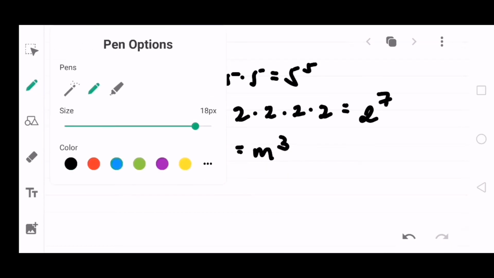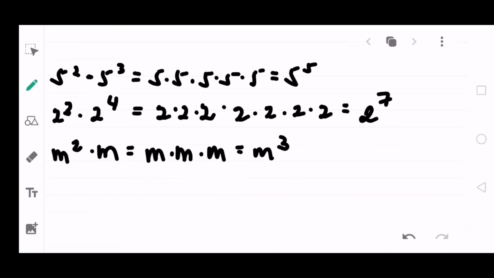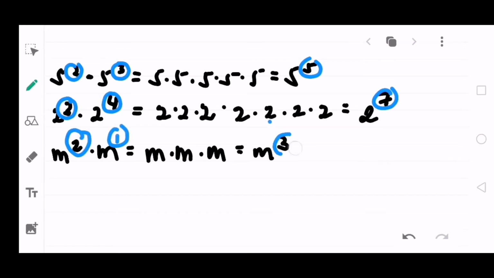Now, try to observe the relationship of the exponents in the given expressions to the exponent of our final answer. Now if you will notice, the exponent in our simplified form or final answer is just the sum of the exponents in the given expression.